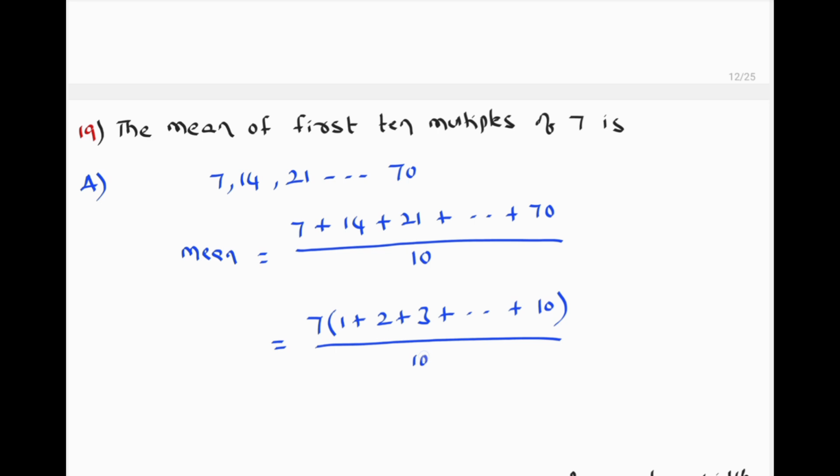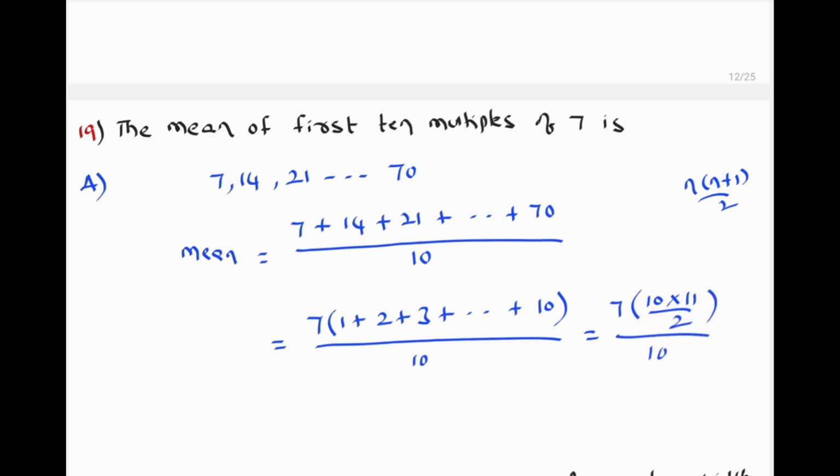Whole by 10. Here, for the sum of the first 10 natural numbers we have the formula n into (n plus 1) by 2. It is the formula for the sum of the first n natural numbers. Here n is 10, therefore 10 into (10 plus 1, that is 11) by 2, whole by 10.